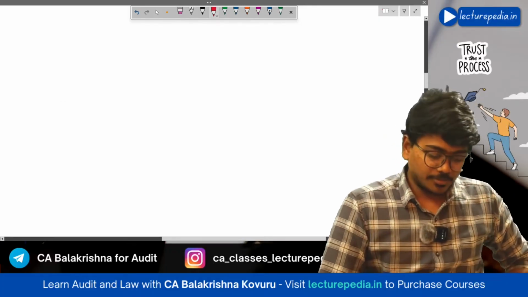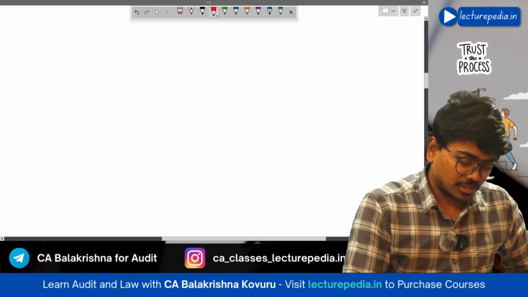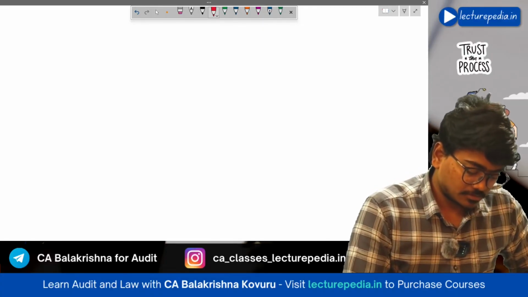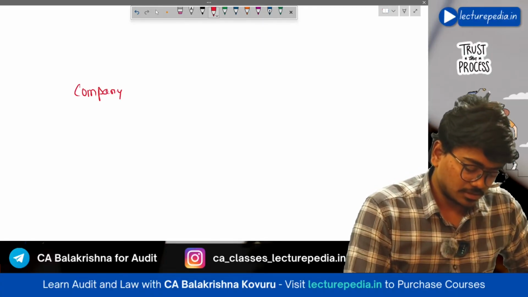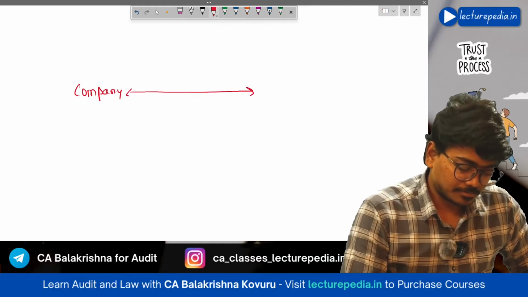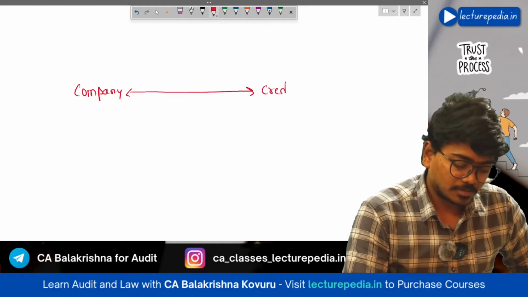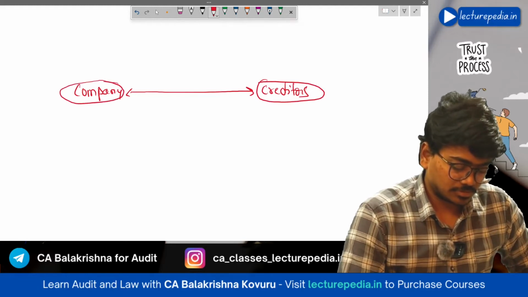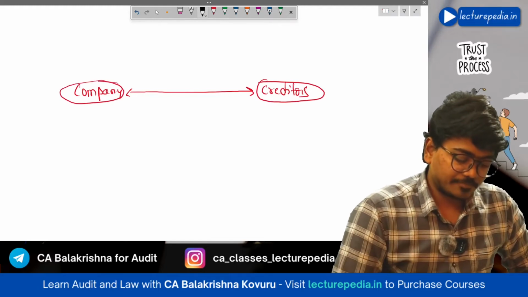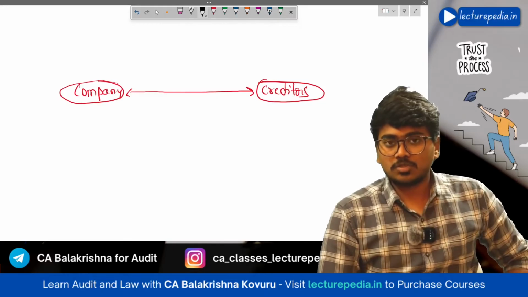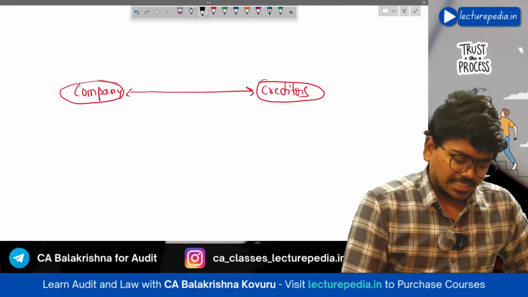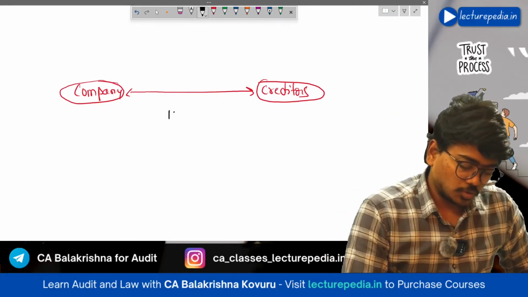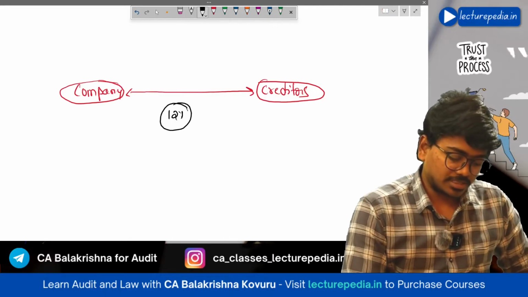Let's say for example, the compromise or arrangement is between company and creditors. Let's say the company wanted to reduce the rate of interest to 12%.